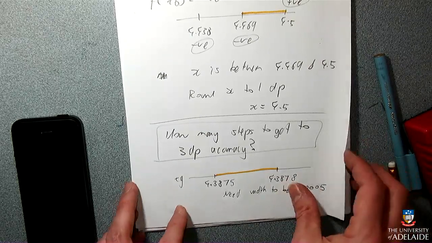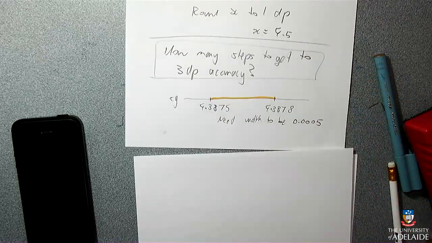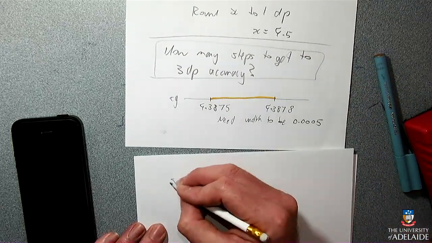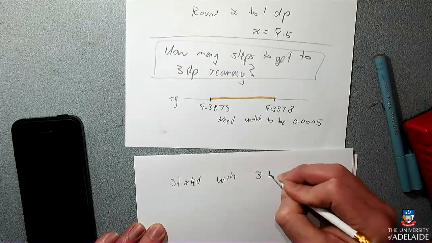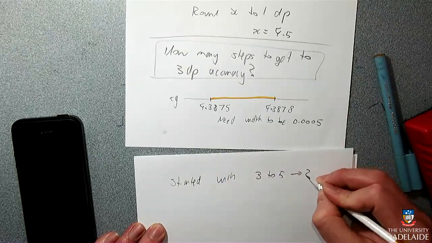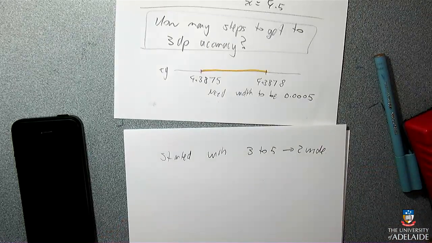And so, if I needed to do that, well, I started with an interval that was 2 wide. So I started with 3 to 5, which is 2 wide. I need to keep dividing. Every time I do a step, I'll divide that interval in half. So I'm going to need to keep dividing that in half until I get under 0.0005.